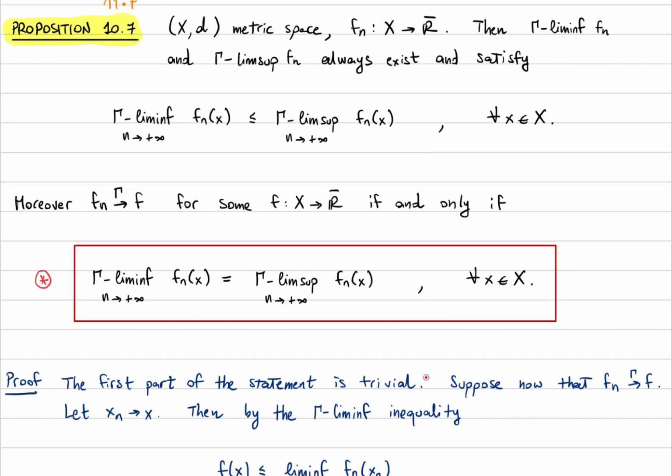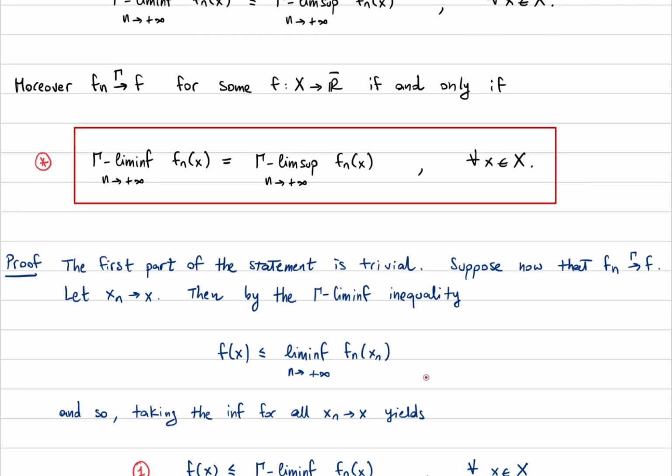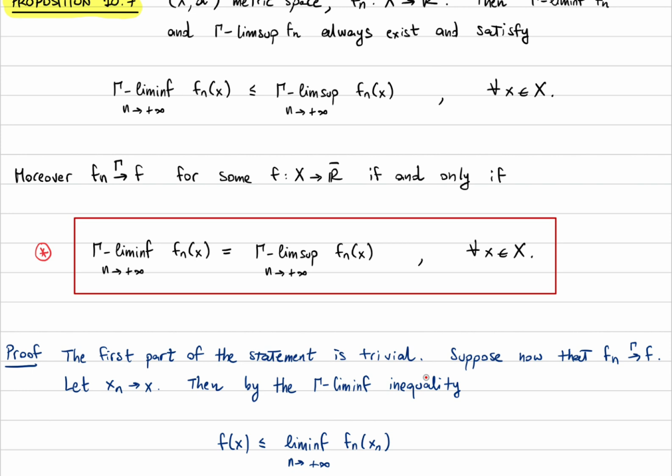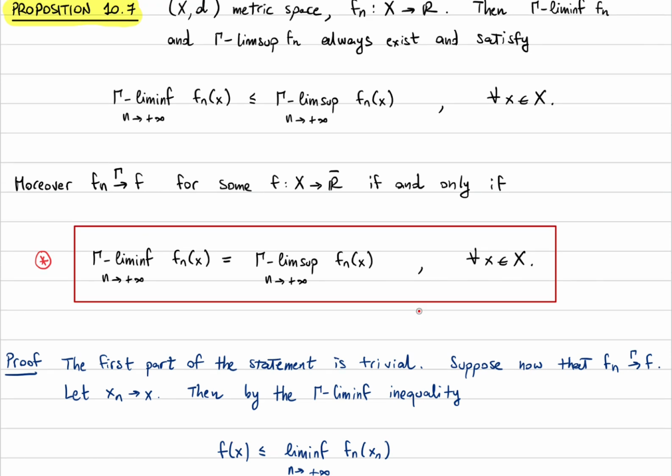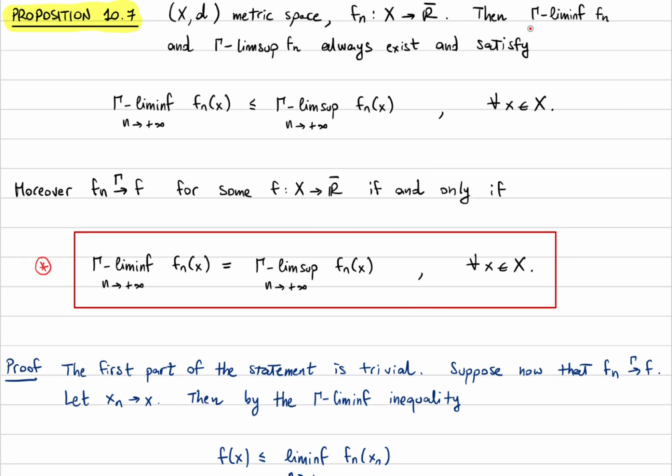Okay, let's check the proof of this proposition. The first part of the statement is trivial because, if you look at the definitions of gamma lim-inf and gamma lim-sup, obviously these are always well defined, possibly being equal to plus or minus infinity.